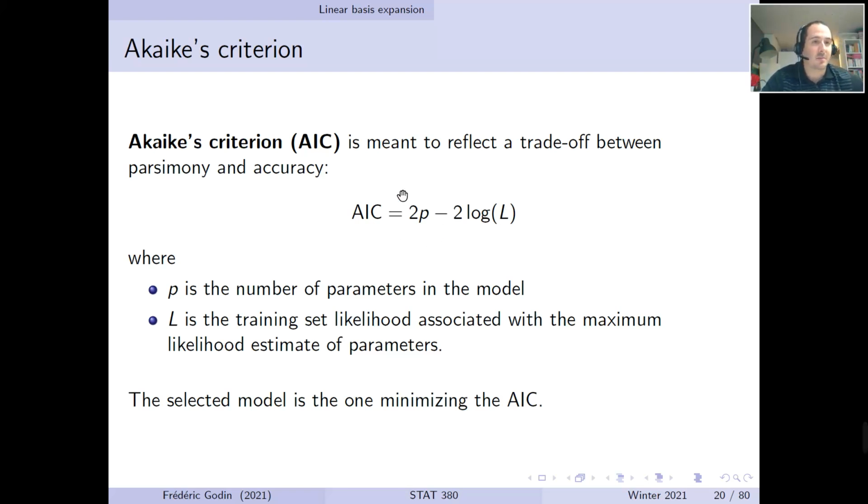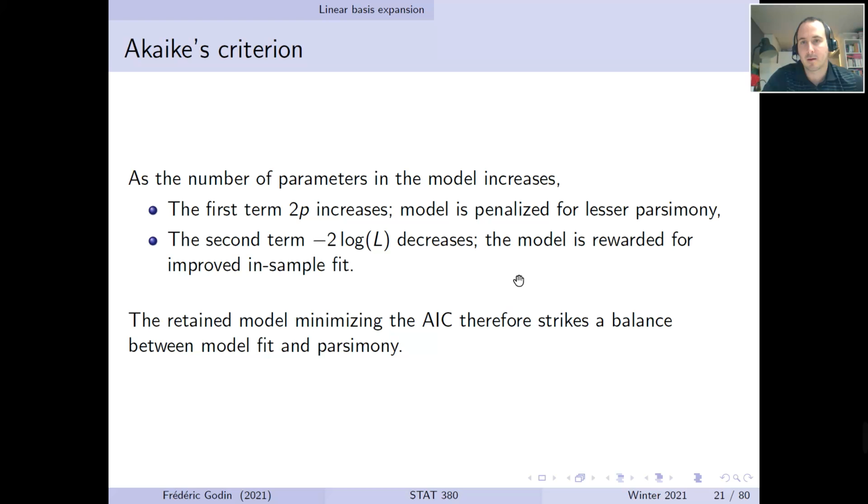Conversely, if you're not flexible enough, you won't be penalized much by this term because you have a low number of parameters, but this term will penalize you a lot because your likelihood will be very small, so minus the log likelihood would be very large. So for the suitable trade-off, we hope that both terms are kept reasonably small. This is just repeating what I just said.